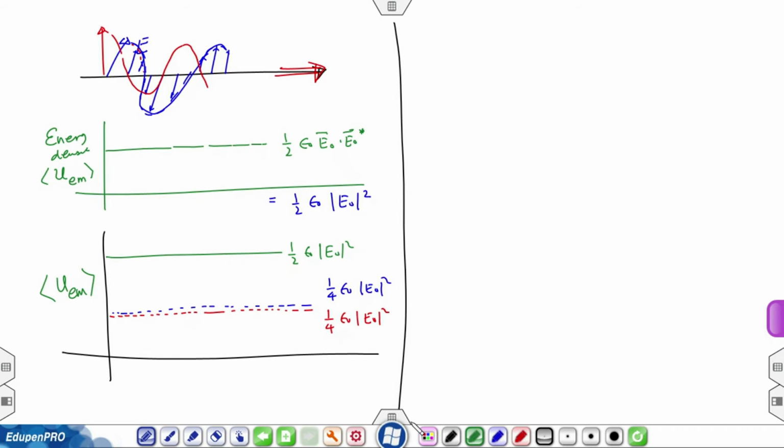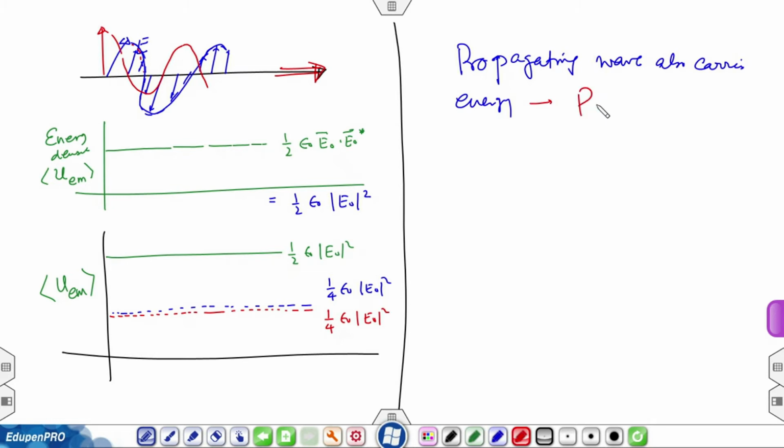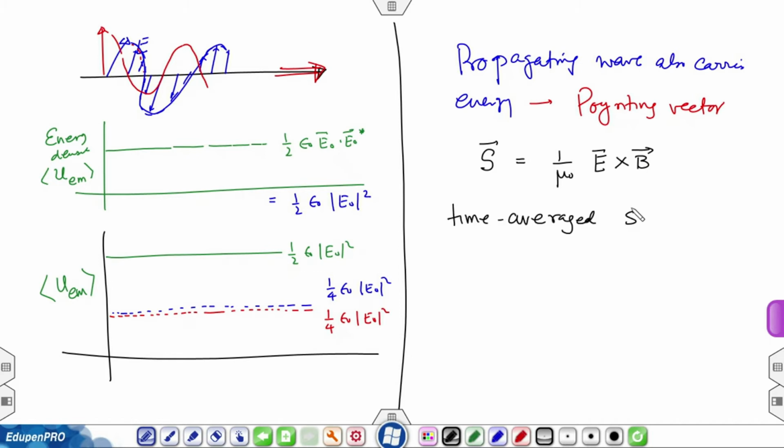Now, as the wave propagates, it also carries energy, and we know what it is given by. This is given by the Poynting vector. So, the Poynting vector S we had calculated as 1 over mu_0 E cross B. What we need to calculate now is the time averaged S. Why?